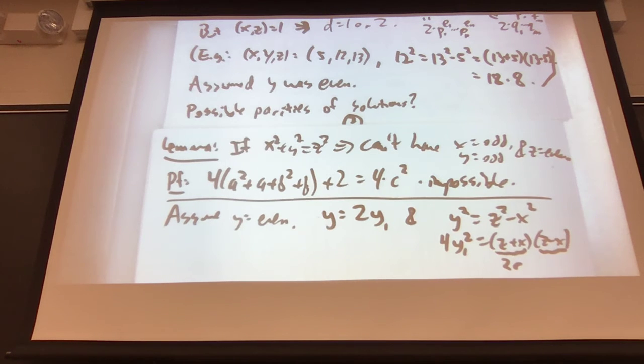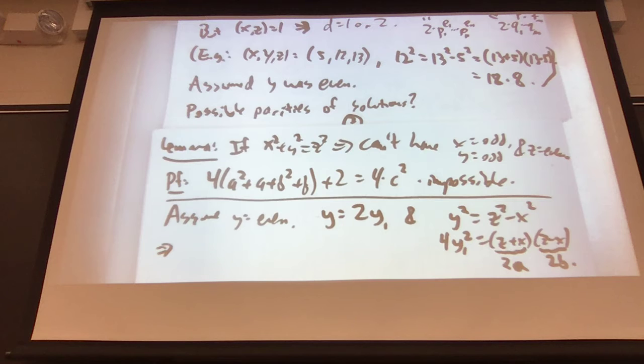Oh, I'm using r. Okay, 2a. And this is 2b. Does that make sense? So what do we have now? We have that 4y1 squared is equal to 2a times 2b. So y1 squared is equal to ab.